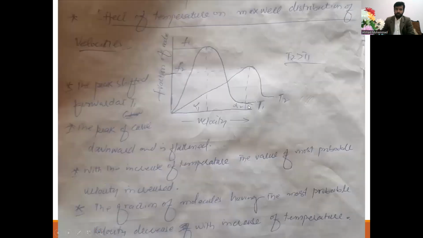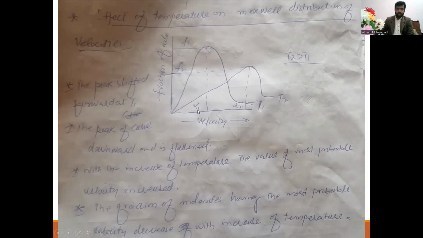If we talk about the effect of temperature in a simple graph, we can say that when we increase the temperature, the fraction of molecules will decrease. At a lower temperature, a large fraction of particles move with medium speed. You can see in the graph the range about the medium speed.